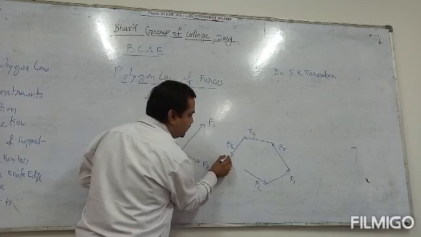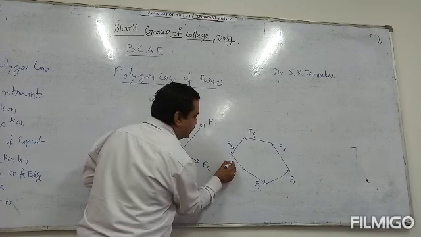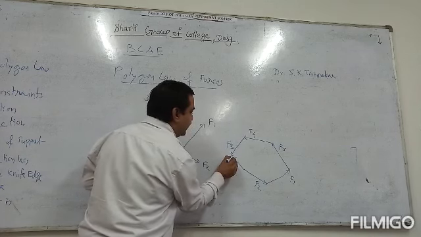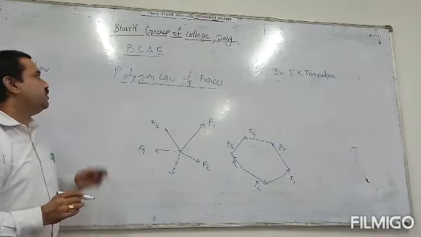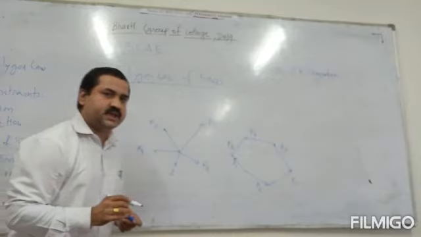Then this closing side is called the resultant, and its direction is opposite. So this is the polygon law of forces.